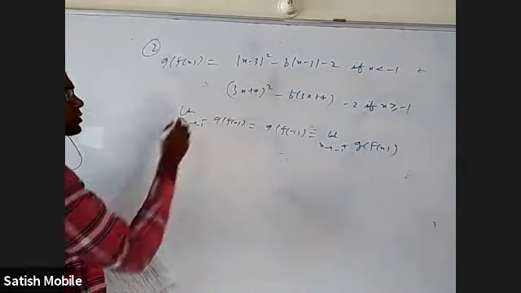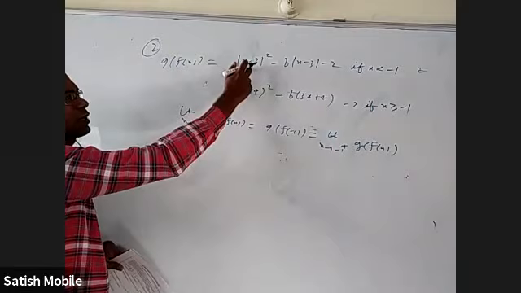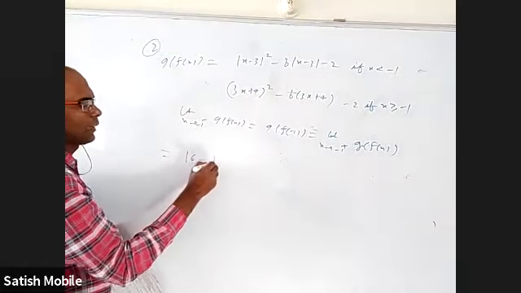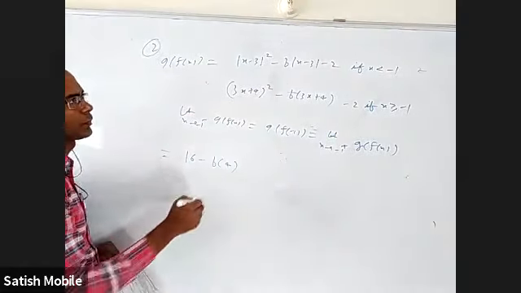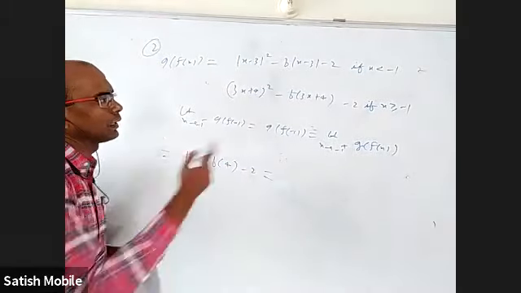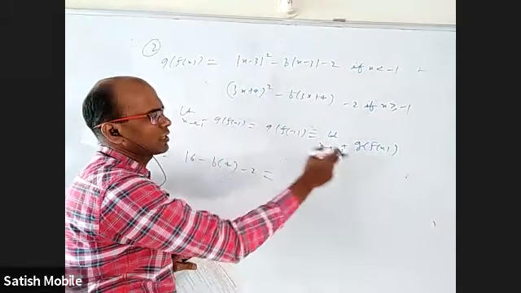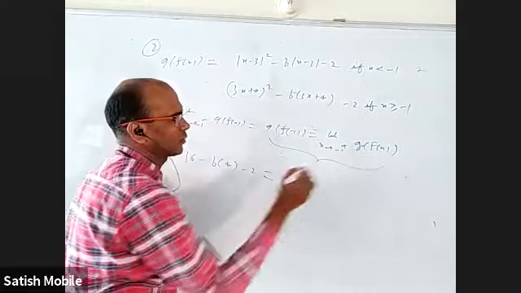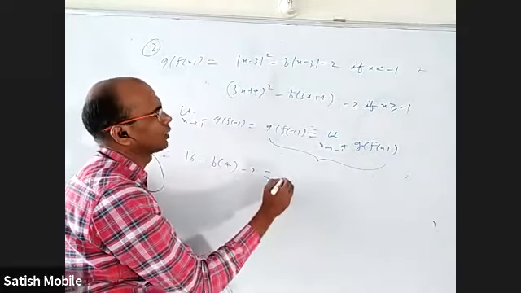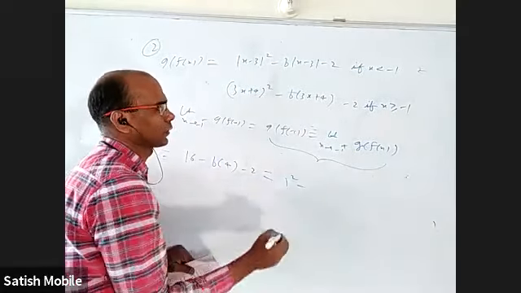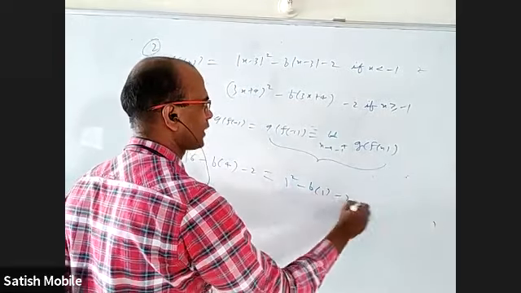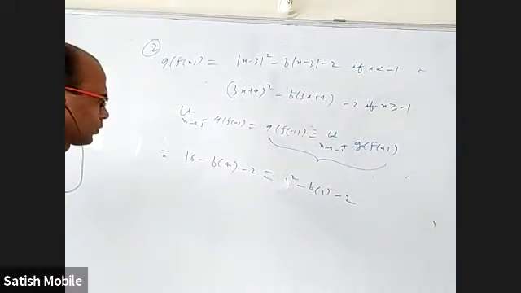But left limit comes from this. So directly substitute minus 1, what will happen? 16 minus b into 4 minus 2. Here if we substitute minus 1, both of them are same, it will be 1 square minus b into 1 minus 2. Okay.